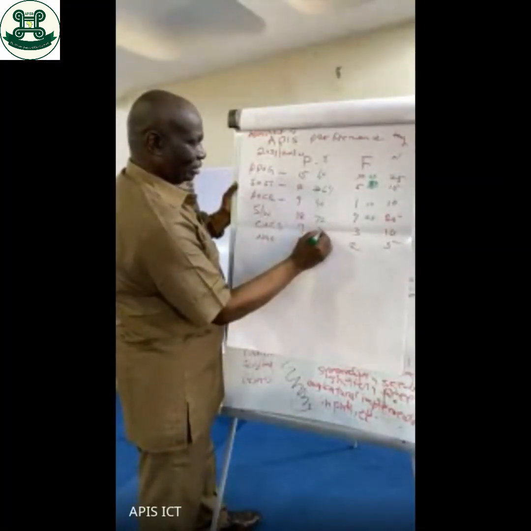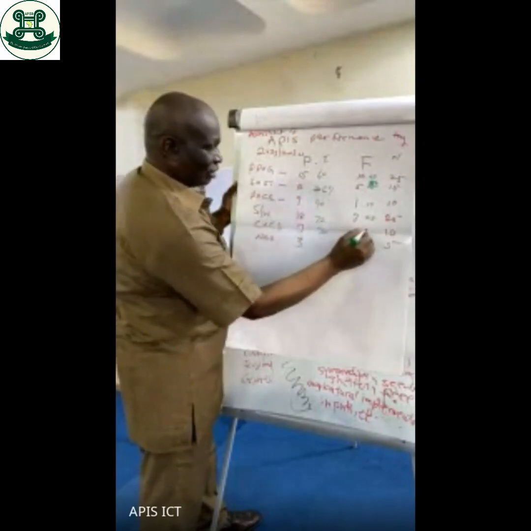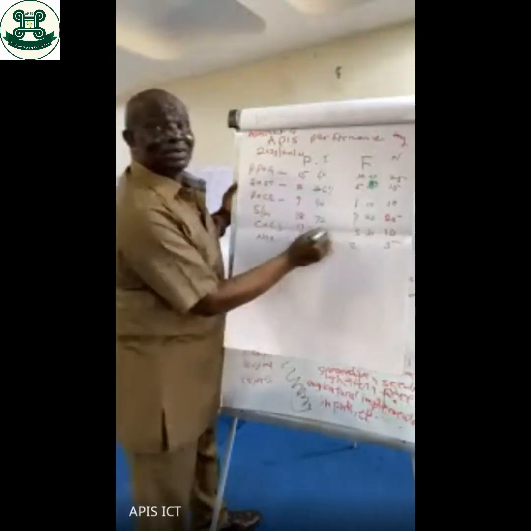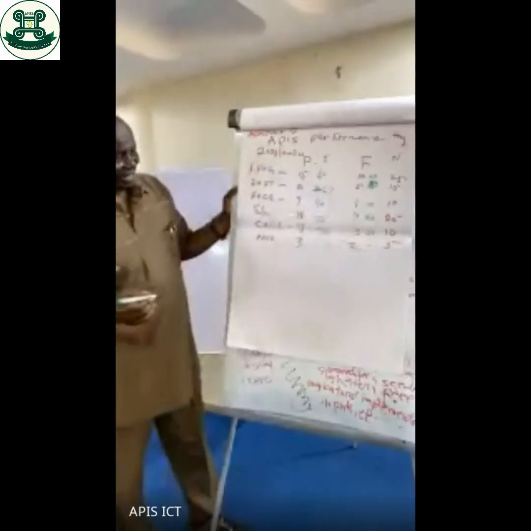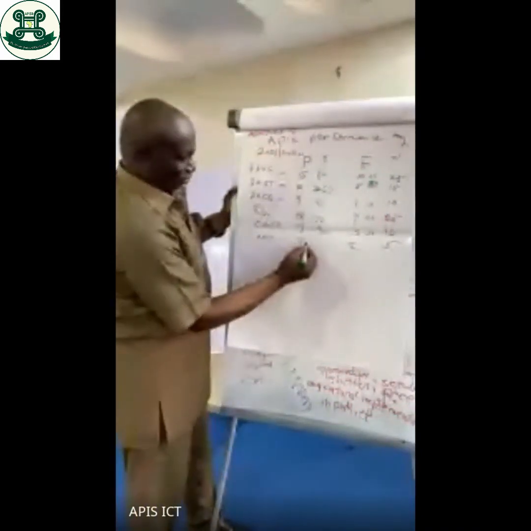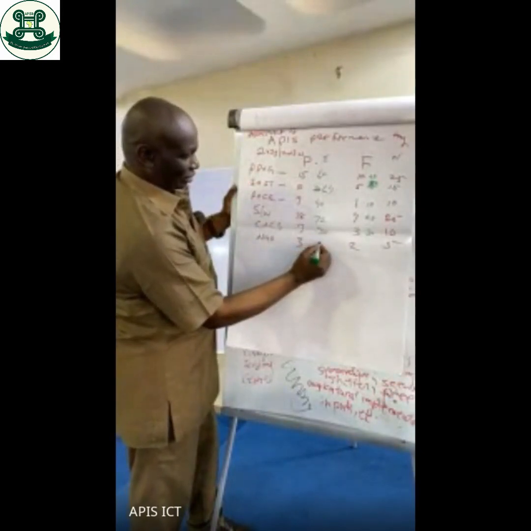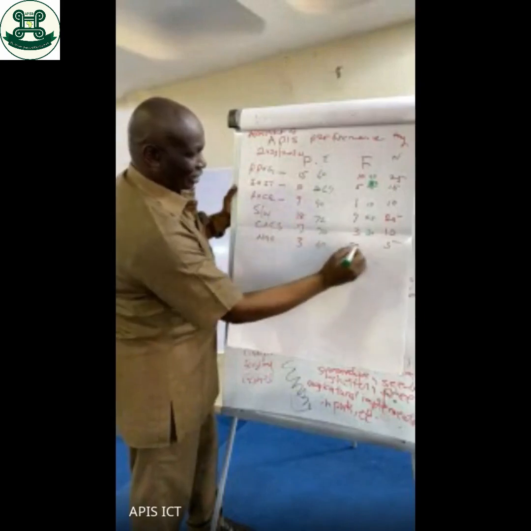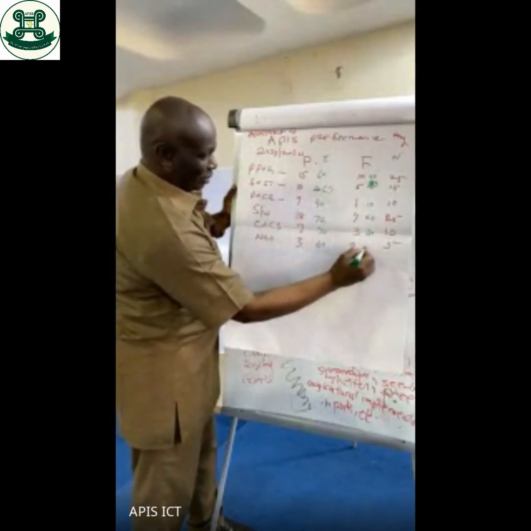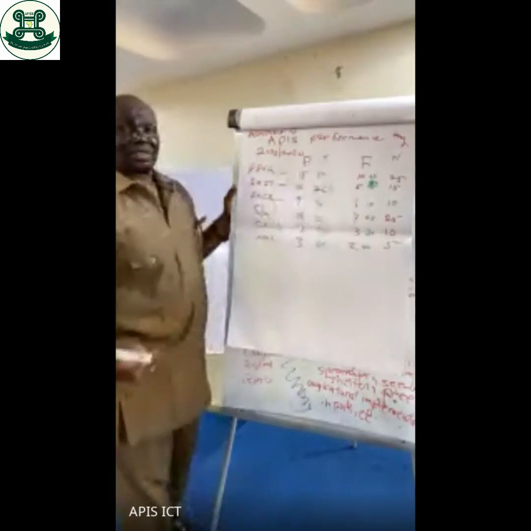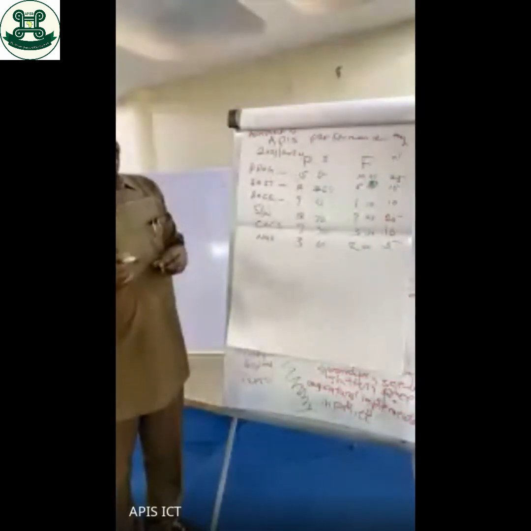Am I right? Okay, this one, I know this one now. This one 65. Wait. This one is 60. It's 60, correct.